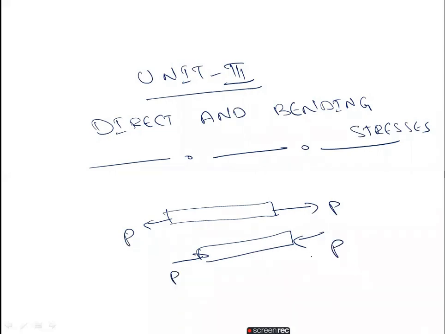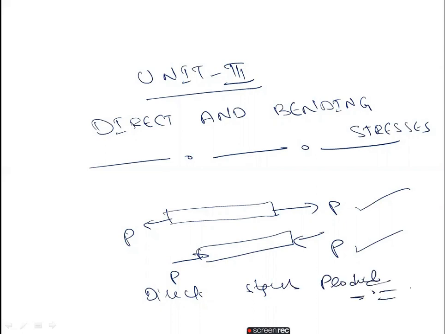So when the body is subjected to either tension or compression, a direct stress will be produced. The direct stress alone is produced in a body when it is subjected to an axial tensile or compressive load. So this is the direct stress.